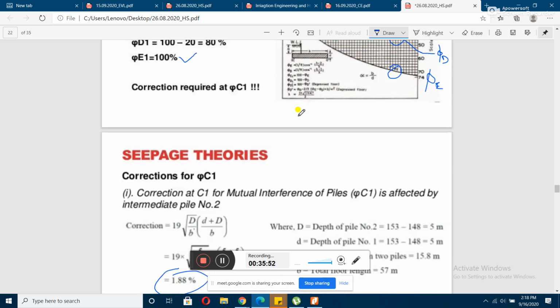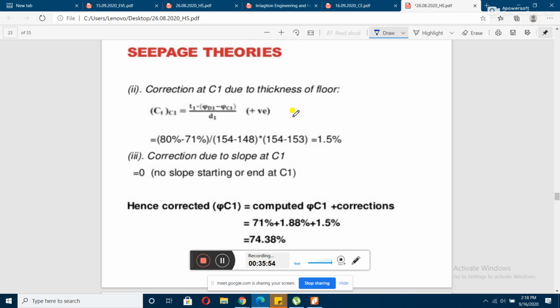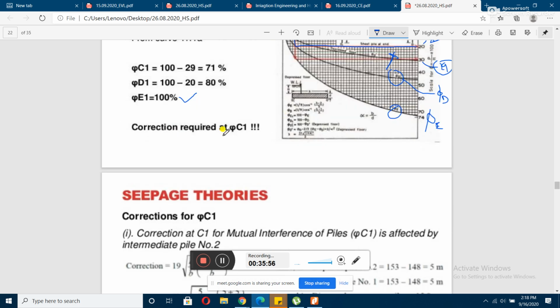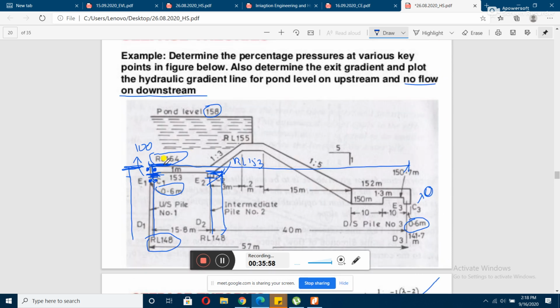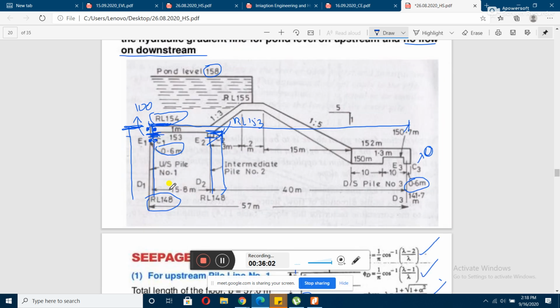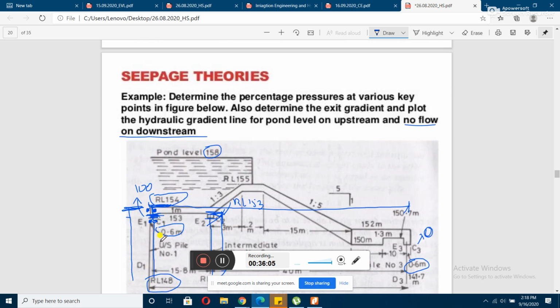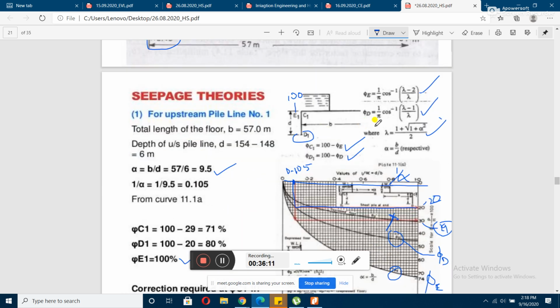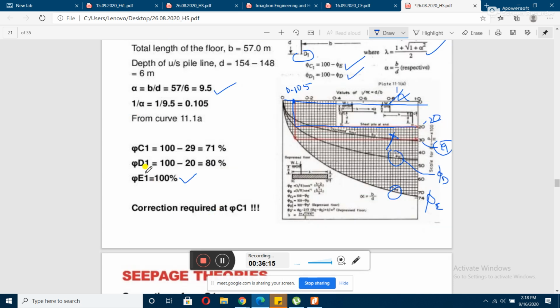Next is due to the thickness of the floor. I have told you we have found out the value of phi of C1. This turns out to be 71. Right, you have calculated, it is 71. Look, phi of C1 is 71, and what is the phi of D1?